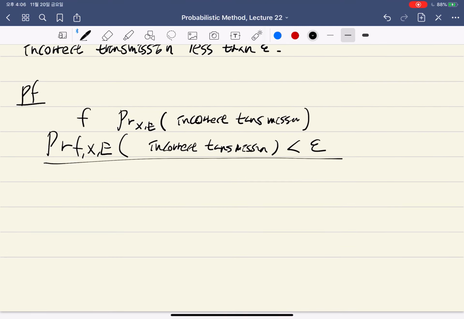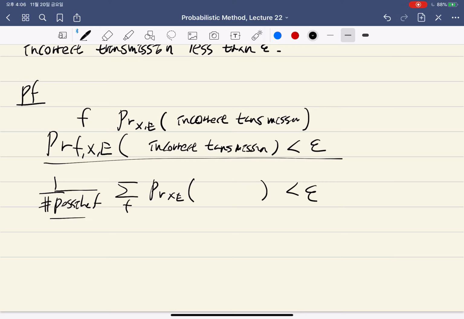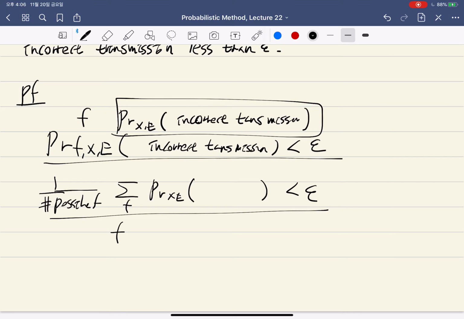If we prove this, that's the same as the average over all possible f, which means on average there exists one f whose probability of incorrect transmission is smaller than epsilon. So that's what we plan to do.